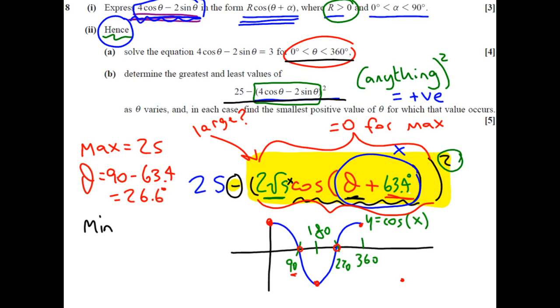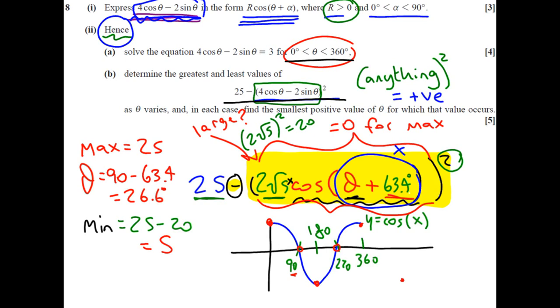Then you're timesing this by 2 root 5. So it's going to be 2 root 5 times plus or minus 1 squared, which is going to give you 4 times 5, which is going to be 20. So the min value you can get is going to be your 25, take away the 20, which leaves you with a value of 5.